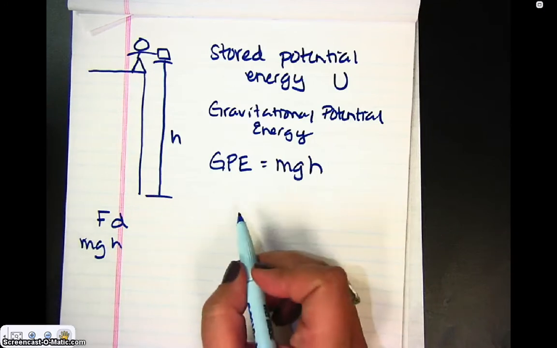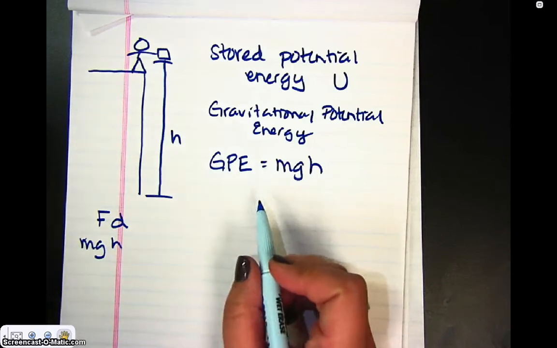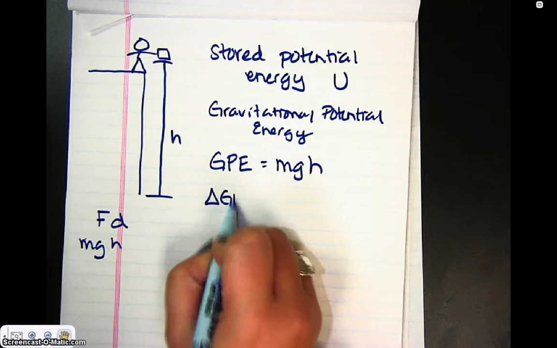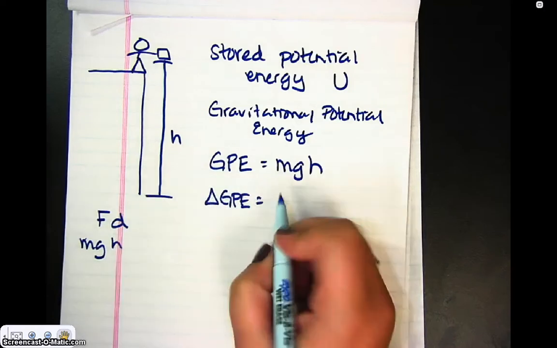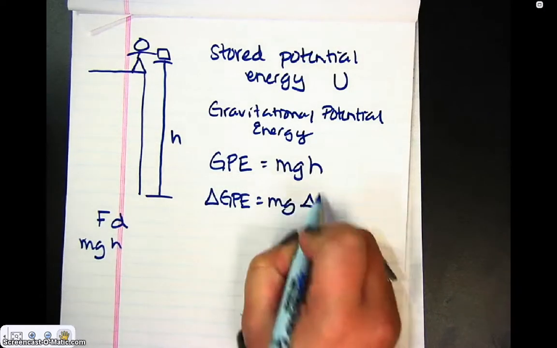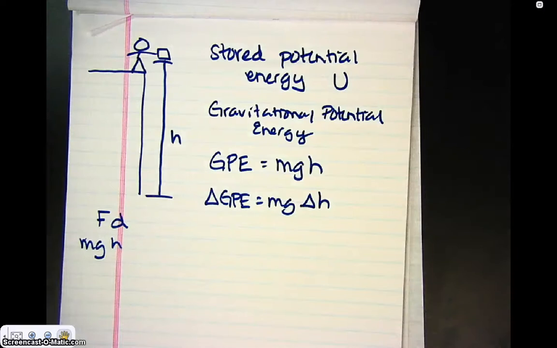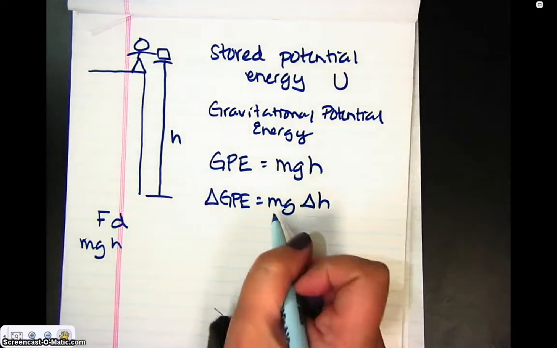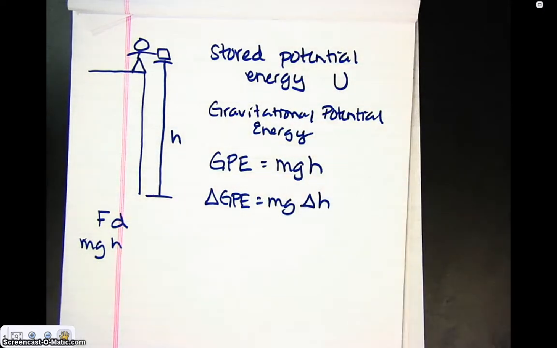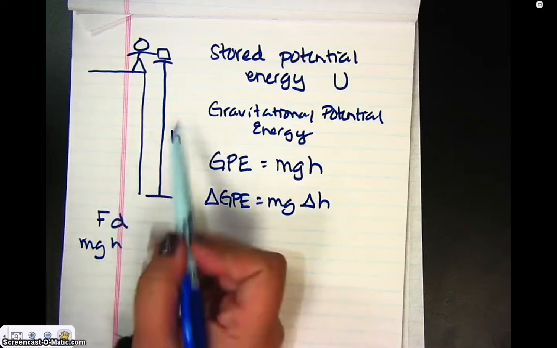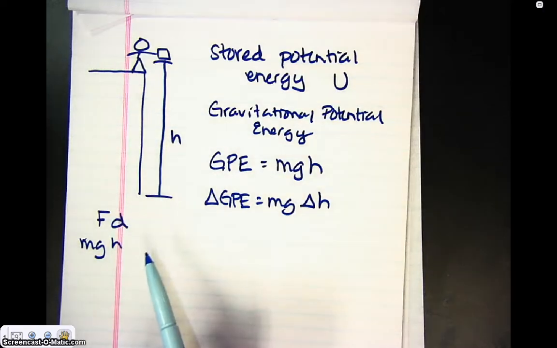We could also solve for the change in gravitational potential energy, and most often that is a result of the height changing. Obviously gravity is not going to change, and the mass of the object most often does not change. It's possible that it does, but that is less common. So we could figure out how much gravitational potential energy is lost or gained by changing the relative position.